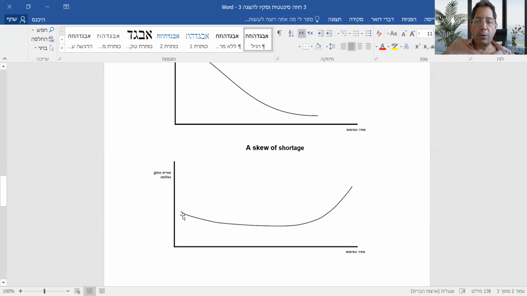So that's the skew. It's a bit smiling, but it's really sharp towards the price increase, because people are afraid to be without the asset.